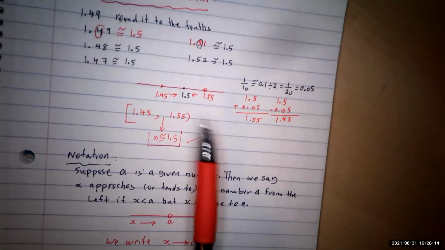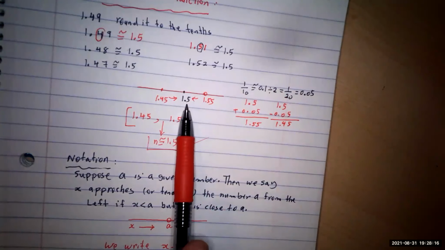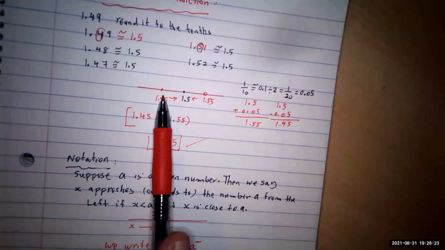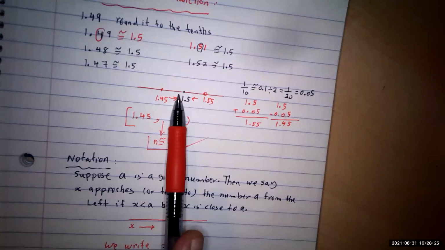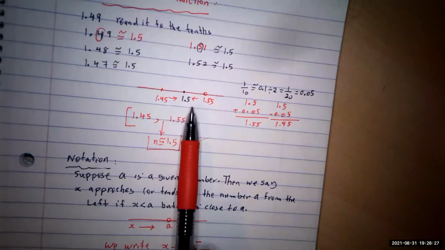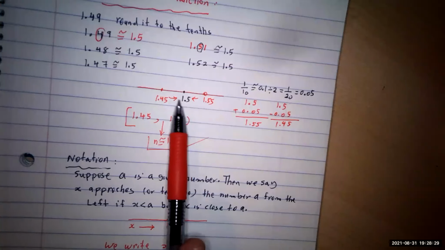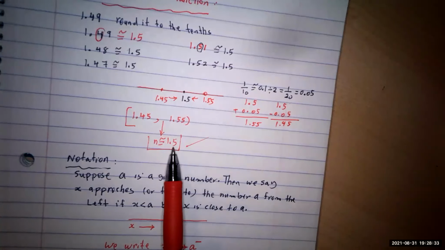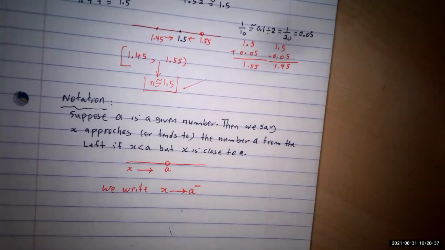This is 1.5. If you pick any number over here, between 1.45 and 1.5, all of them are less than 1.5, but eventually they round up to 1.5. So this is getting closer and closer to a, but from the left.